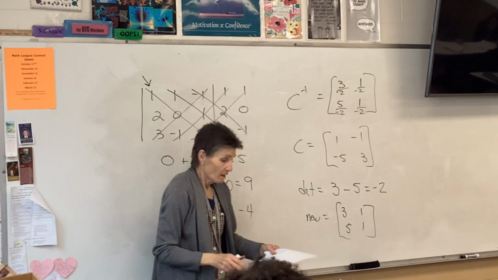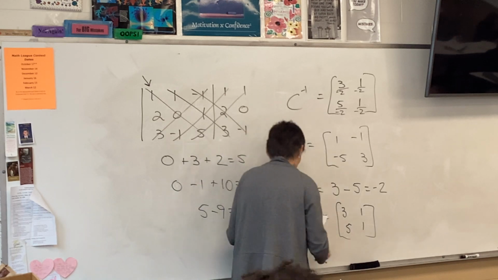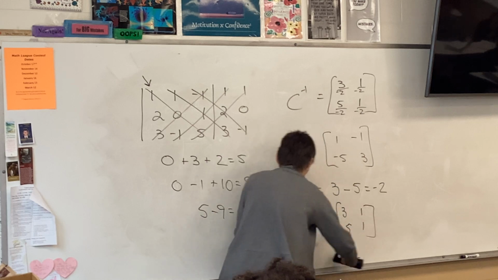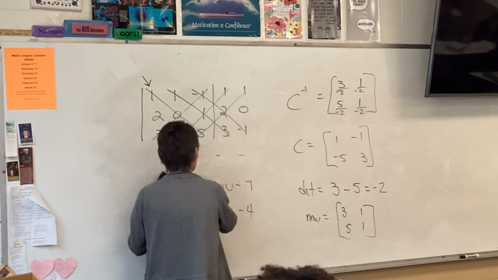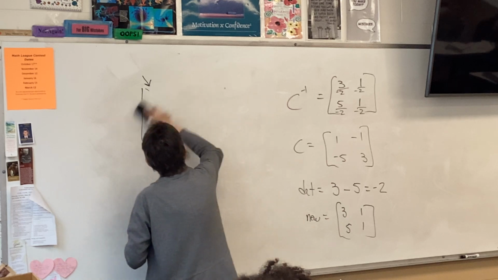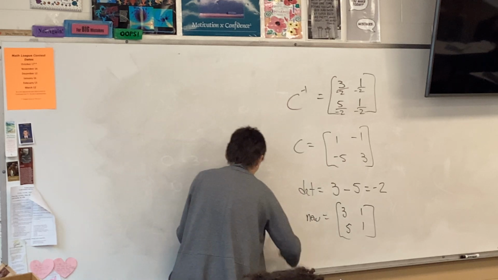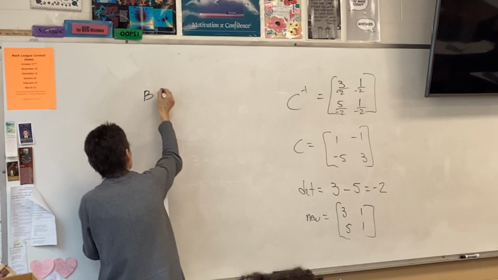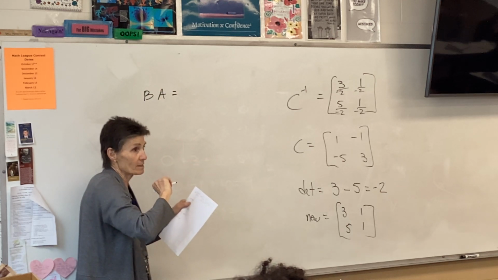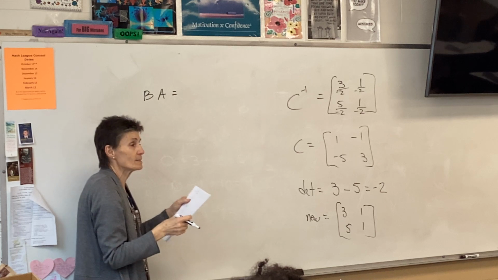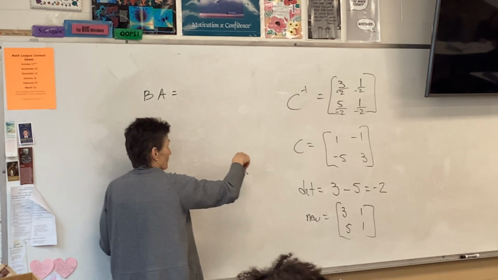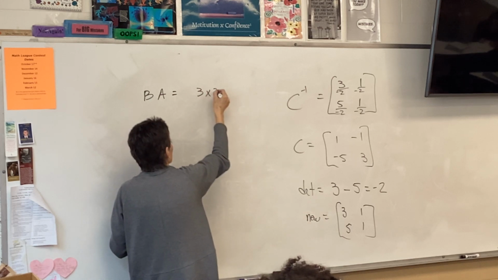Okay. All right, other side. I got these matrices, looks like the same one. And I'm going to multiply B times A. Now there are a lot of numbers there, so before I write it all out, can I do it? What are the dimensions of B? 3 by 3.